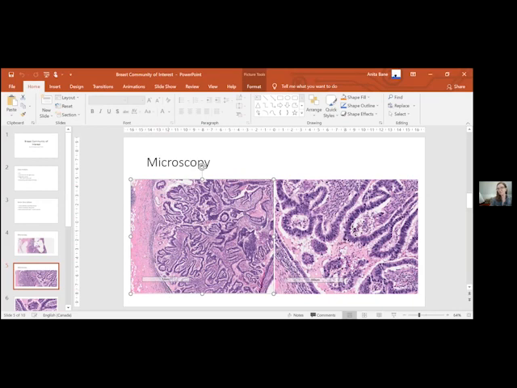Slightly higher power view, you can appreciate the thin capillaries of the fibrovascular core. And I think one thing that stood out to me at this magnification was the prominent lymphoplasmacytic infiltrate both within the fibrovascular cores, but also at the lesion breast stroma interface.